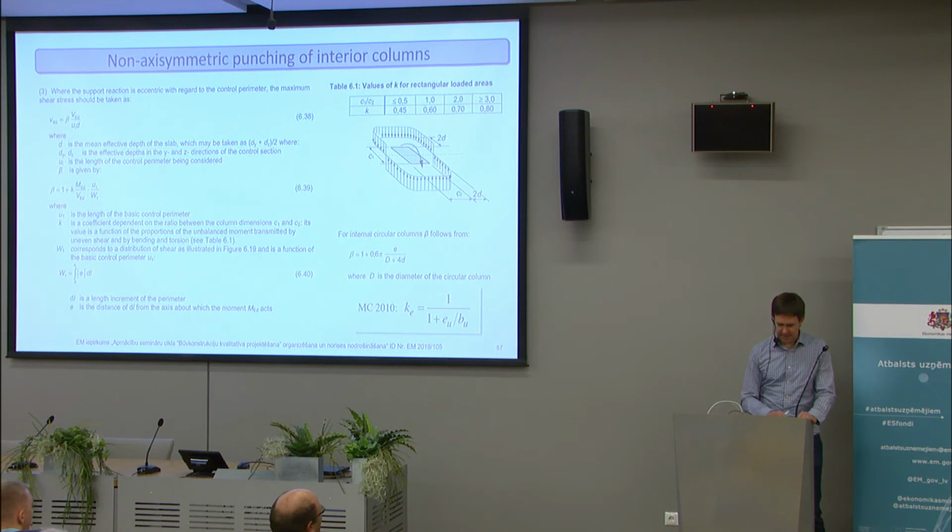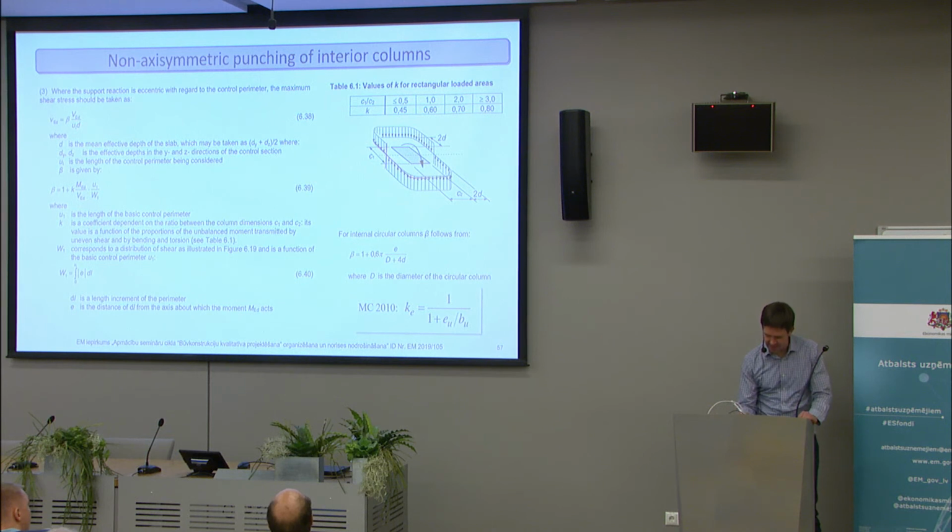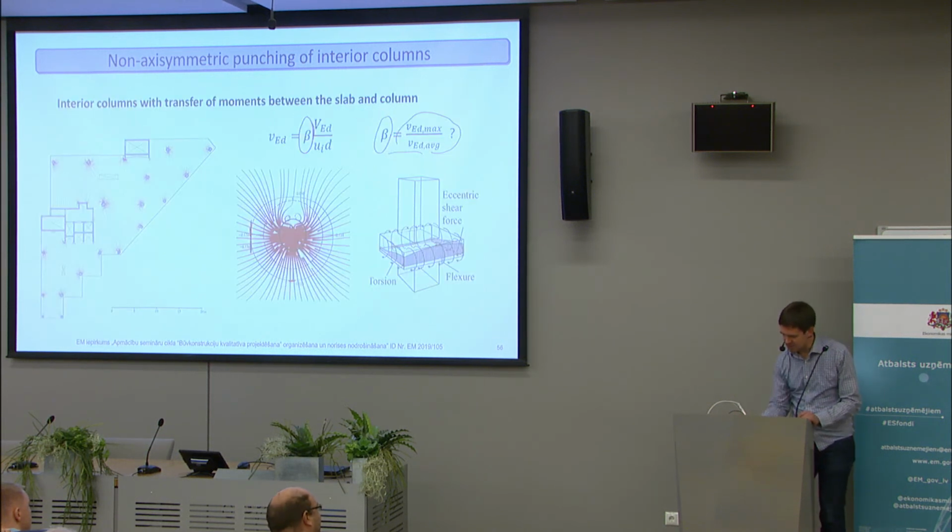Now, in Eurocode, the approach is that we assume that the shear force is redistributed in a plastic manner around the connection. So at the control perimeter, we have different forces acting.